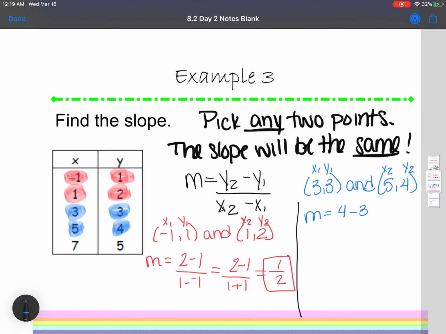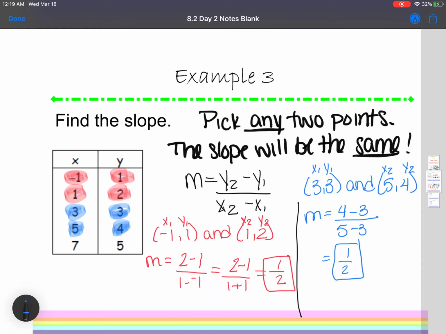M equals 4 minus 3 over 5 minus 3. 4 minus 3 is 1. 5 minus 3 is 2. Notice how either way we got the same slope. So whichever points we used, it would have worked.